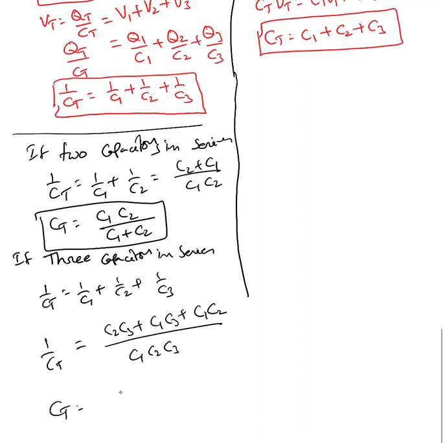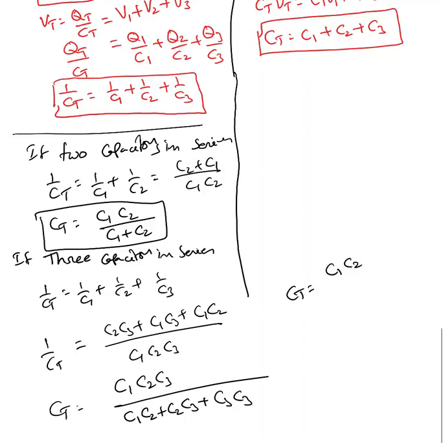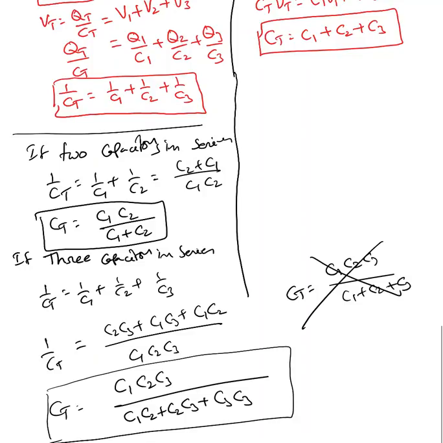So C total equals multiplication in the numerator, and in the denominator it's not direct addition. Many students get confused here. It's C1 C2 plus C2 C3 plus C3 C1. In the past, I saw students writing this as C total equals C1 C2 C3 over C1 plus C2 plus C3. This is wrong. So if three capacitors are in series, this is the formula.